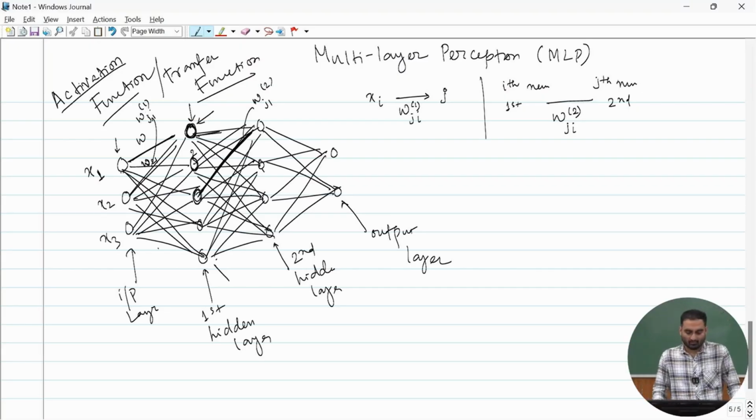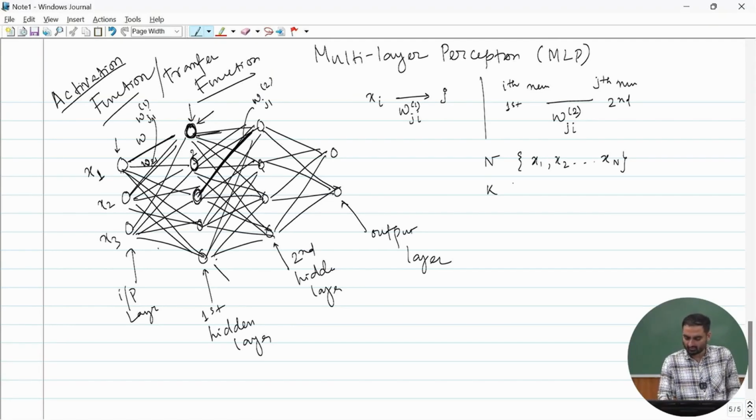Okay, so we assume that there are, again notations are very important, so pay attention to the notation, there are n number of inputs, x1, x2 ... xn.